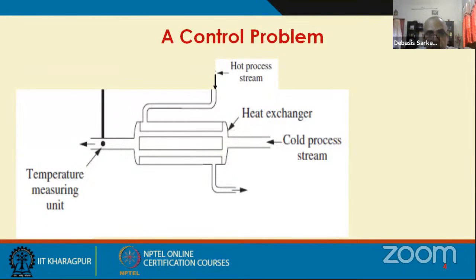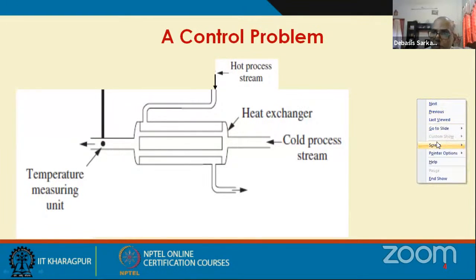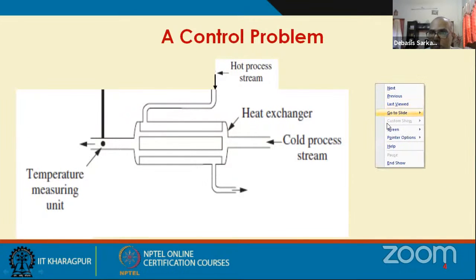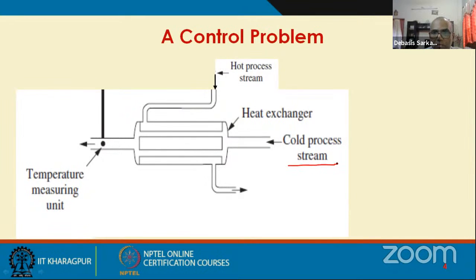So now let's go through a simple control problem. What you see is a heat exchanger. A cold process stream is going through the exchanger, and that is being heated up by another hot process stream.